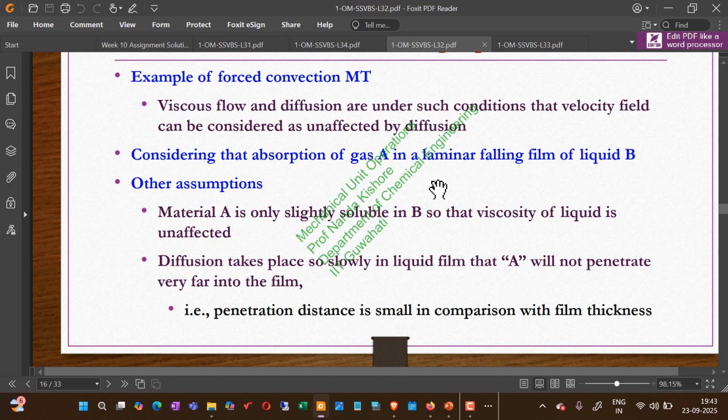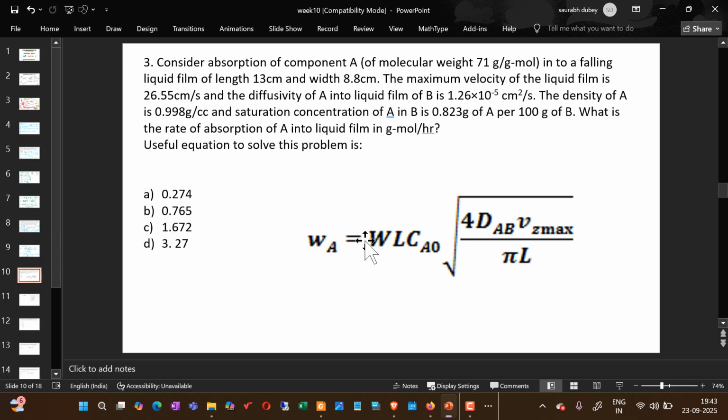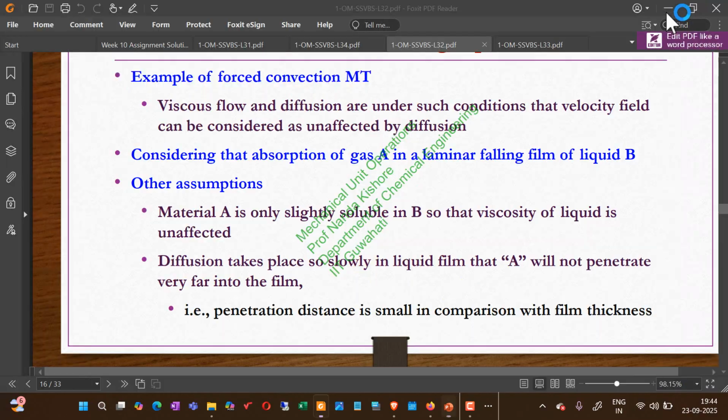Material A is only slightly soluble in B. For example, in this one, you have seen the concentration that you are given, it shows that A is slightly soluble in B, and here component A is getting absorbed, with this molecular weight, in the falling liquid film of B. The film length is 30 centimeters, and the width is given. The maximum velocity of the liquid film is given here.